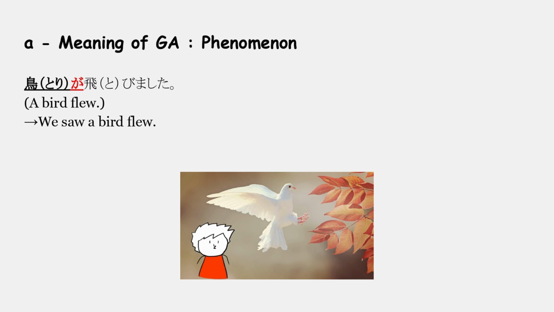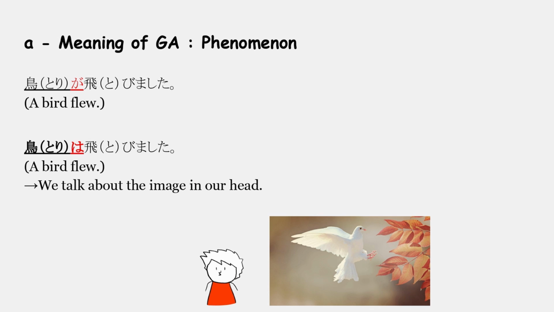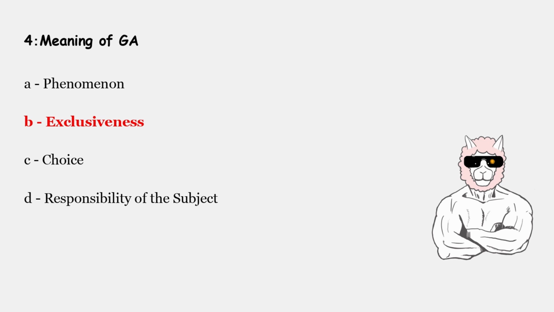For example, listen to this phrase, 鳥が飛びました. Here, we use ga because the bird actually flew in front of us. But if we say, 鳥は飛びました, here we talk about an image in our head. Is it okay?